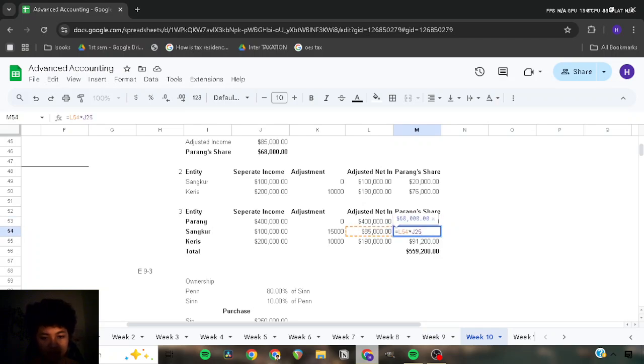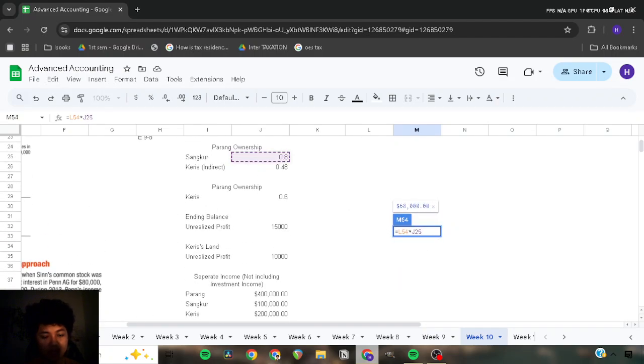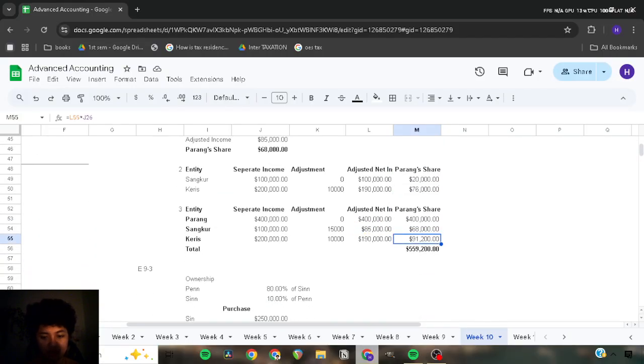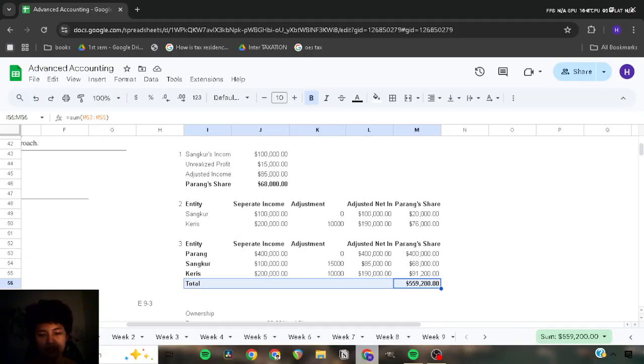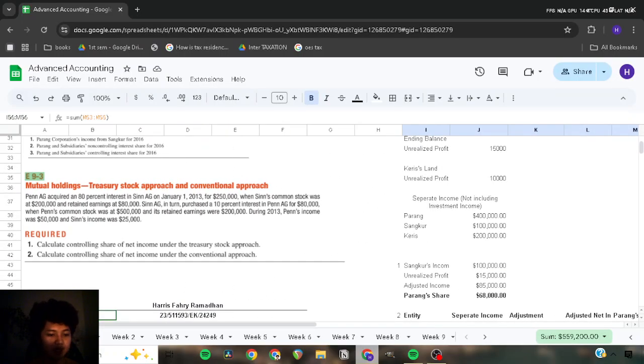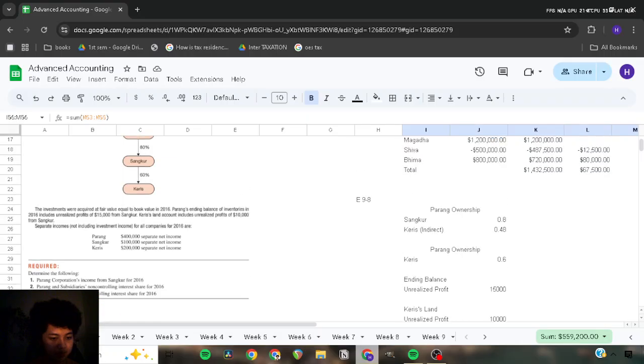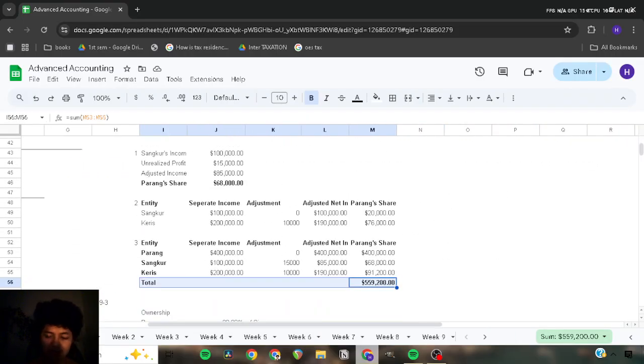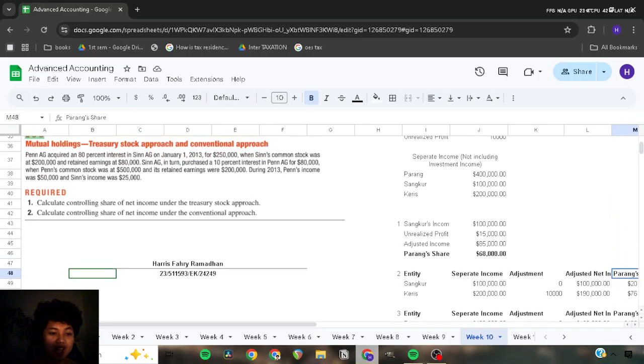But for this one, I just multiply them by each respective ownership percentage, and total them, and you will have this number. These are the things that I calculate. So that's for E98.